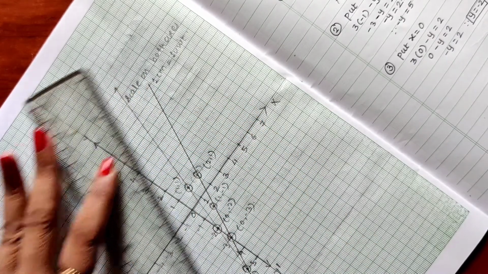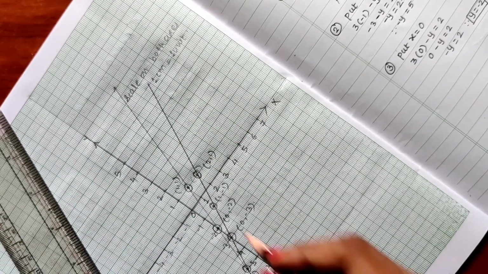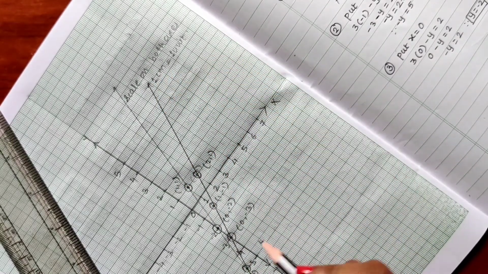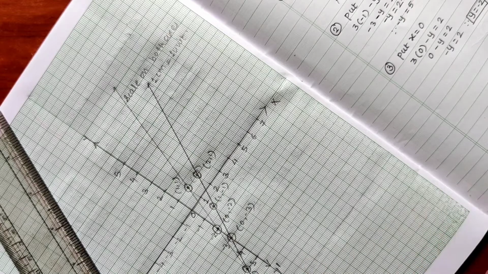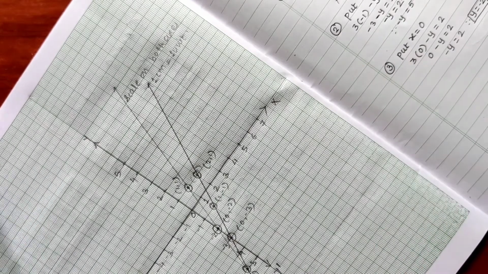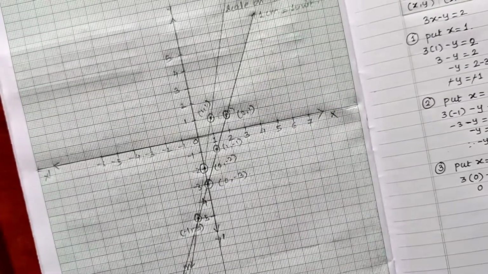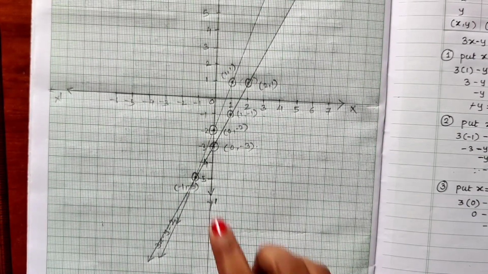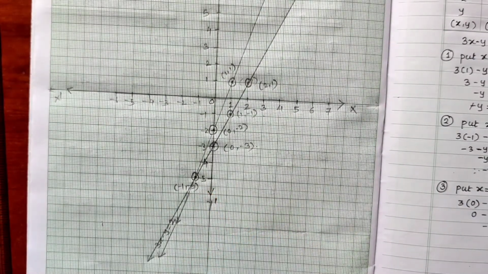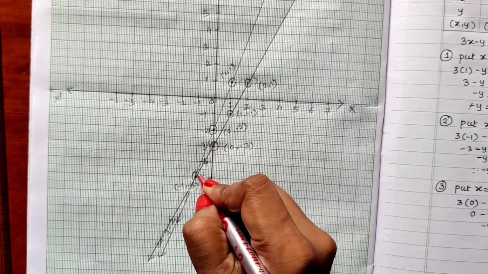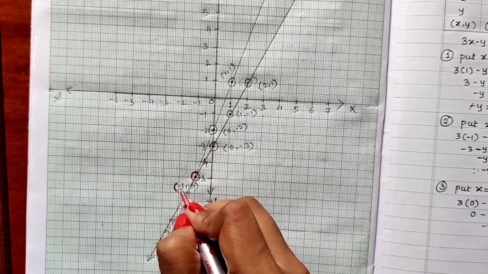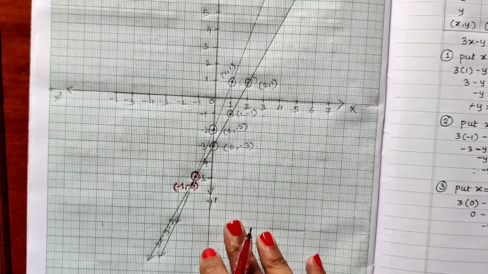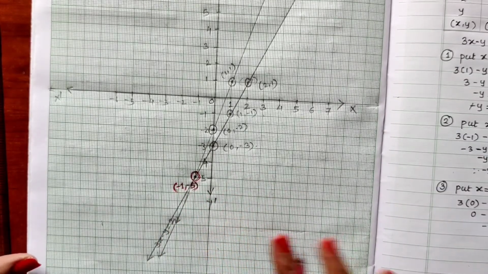So can you all see that this line is intersecting the previous line at this point. Both the lines are intersecting each other at this point. Let me make this point a little dark. We can see that both the lines are intersecting each other at this point, which has the coordinates -1, -5. So this is the solution of our equations.